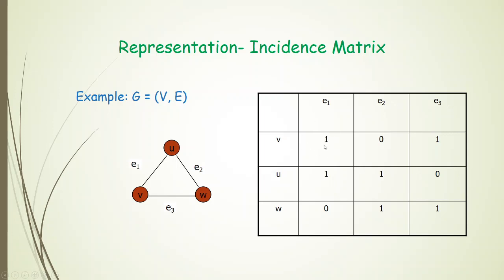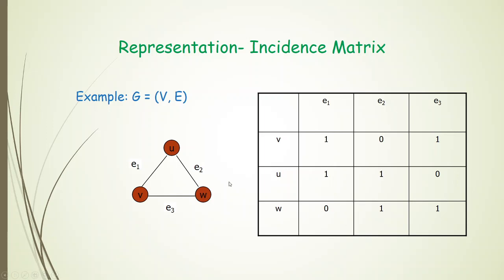Now, you write 1 if the edge is incident to the vertex, and 0 if it's not. For example, E sub 1 is incident to V and U. Therefore, V E1 is 1, U E1 is 1. Now, E1 is not incident to vertex W. That is why it's 0 here.